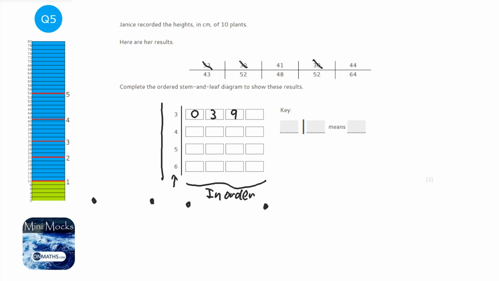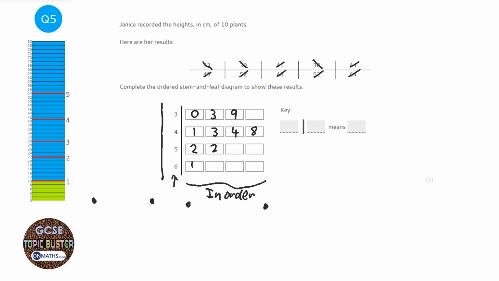Okay, and that's the 30s done, so let's move on to 40s. 41 goes there, 43 goes there, 44, 48. And the last few, so 52 and 52, well they're the same, so they can be next to each other, and 64.